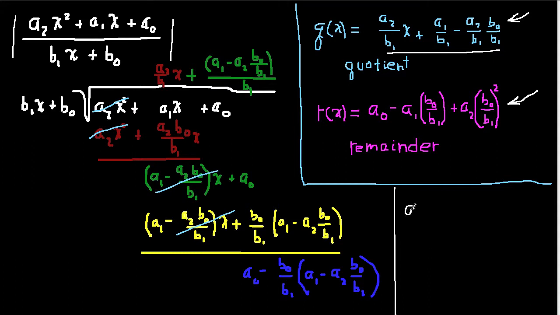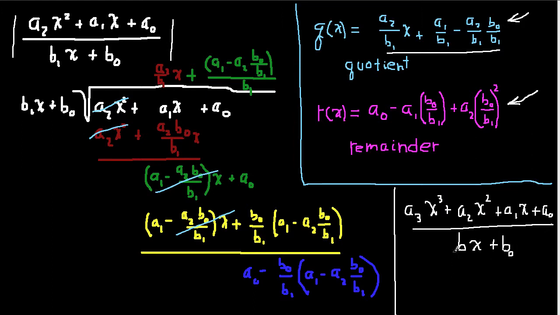So I want you to look at a sub 3 times x cubed plus a sub 2 x squared plus a sub 1 x plus a sub 0, and take that and divide it by b1 x plus b0.